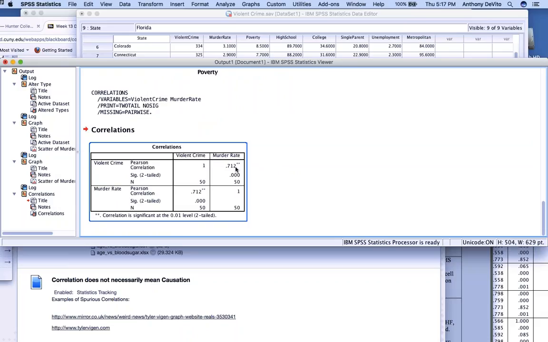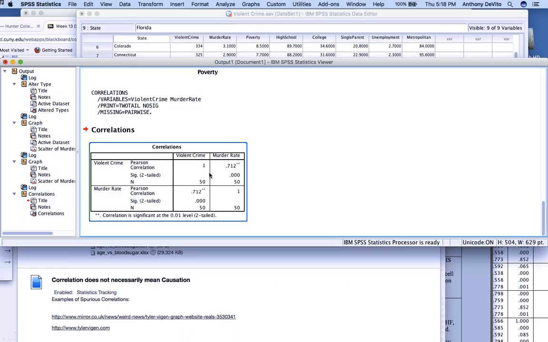A correlation of 0 means that there's no association between the two variables. For instance, the price of eggs by month versus, say, the number of astronauts on the space station. No correlation between the two. That would have a correlation of 0.